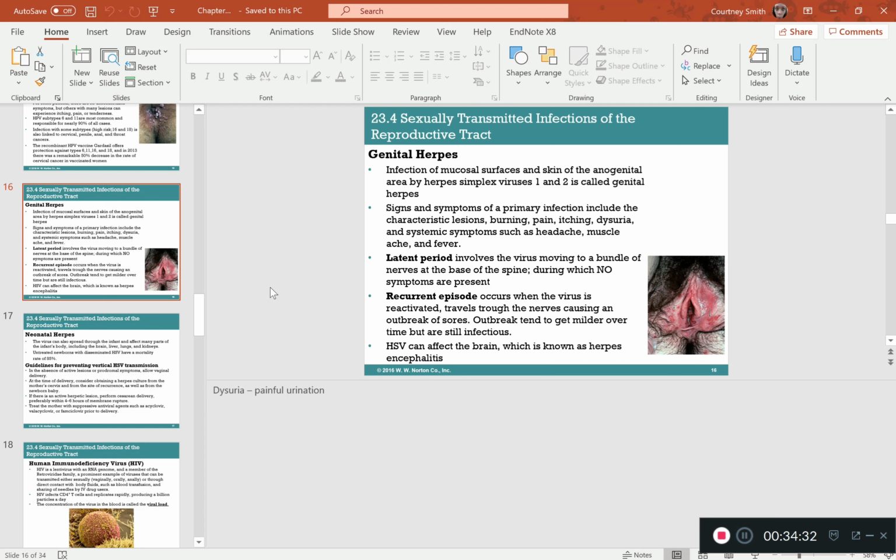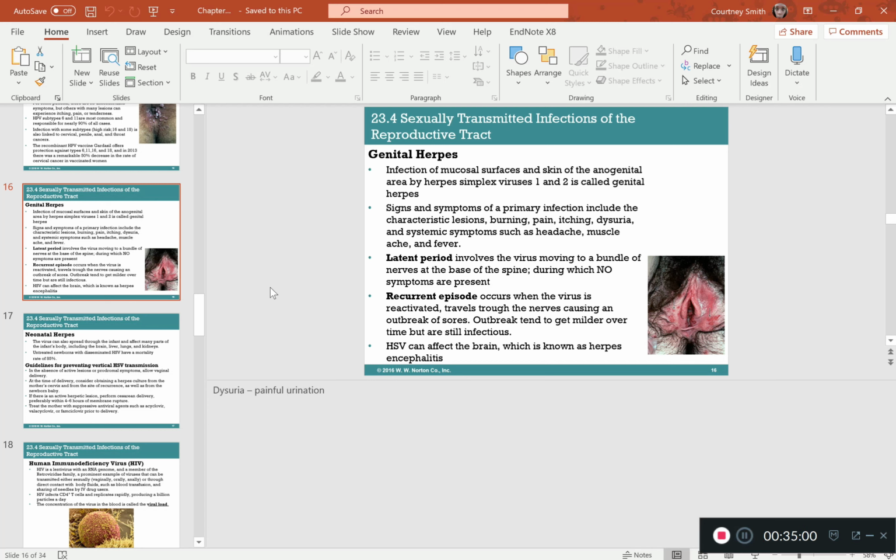Depending on how often the patient experiences outbreaks will determine the treatment plan. So sometimes patients will just ride it out because normally it is self-resolving, but there are some times where the doctor may prescribe some antivirals for them to have pretty much as needed, so PRN, and then they can take it as directed.